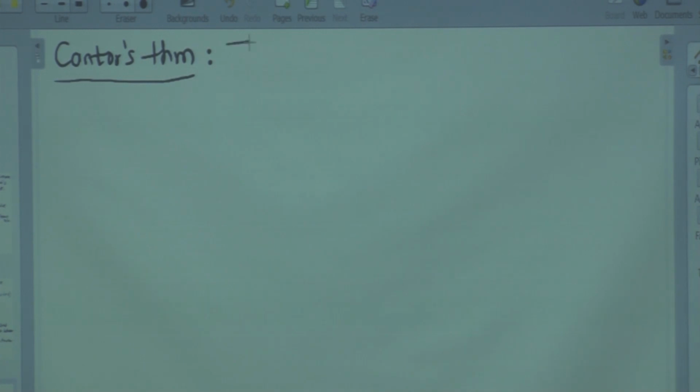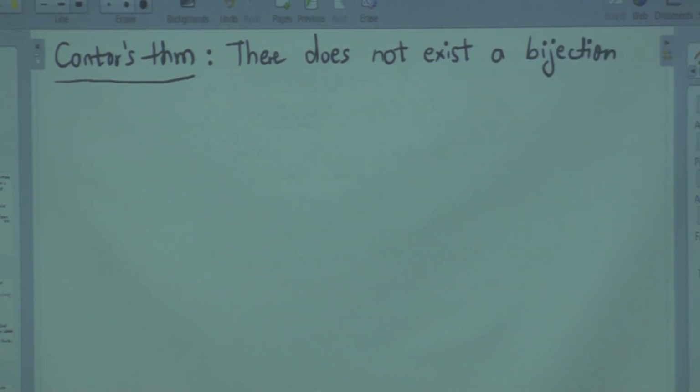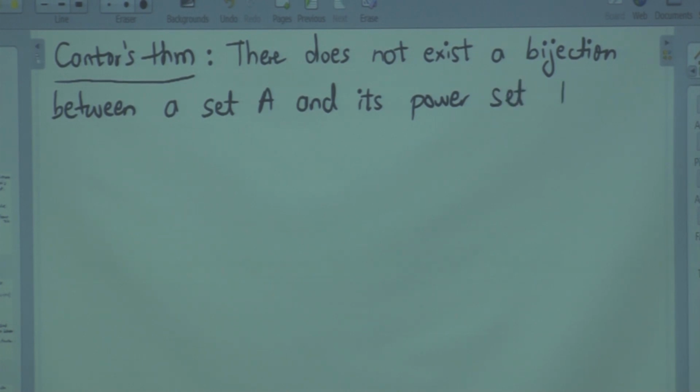There does not exist a bijection between a set A and its power set P of A.